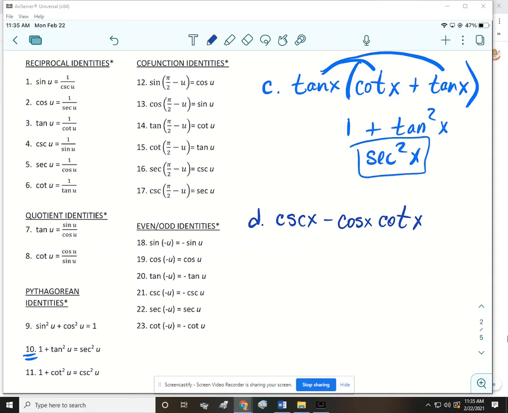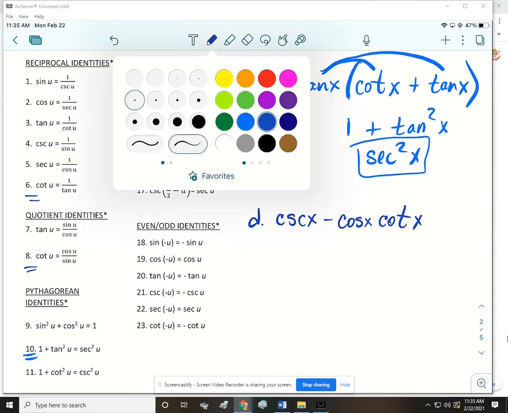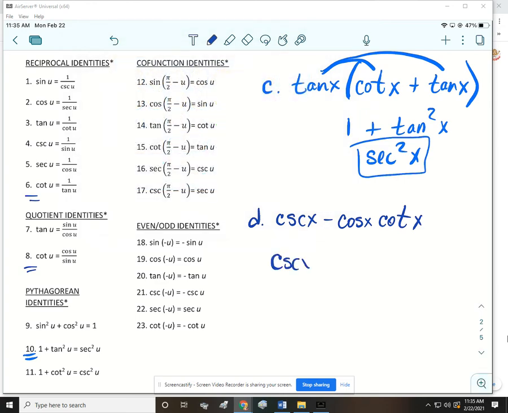In the end, we're probably going to change a lot of them, but we'll start off slow. You just look at what you have. Cotangent has the most options. We can change cotangent to 1 over tangent or cosine over sine. So that's what I'm going to do. I'm going to leave cosecant of x alone for now, and cosine of x alone for now, but change cotangent to cosine of x over sine of x.